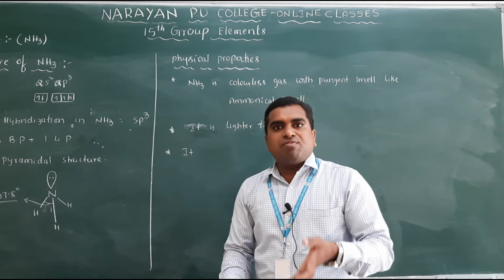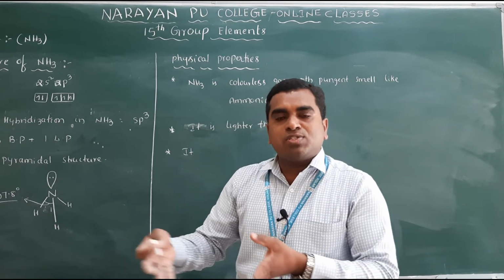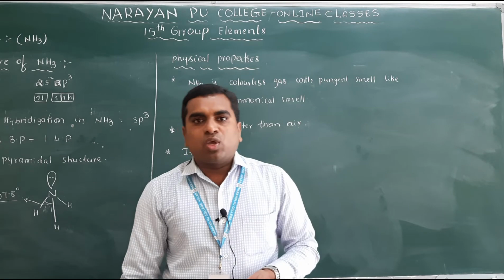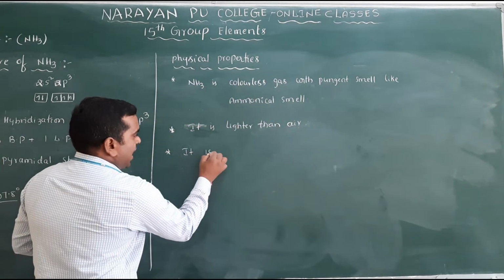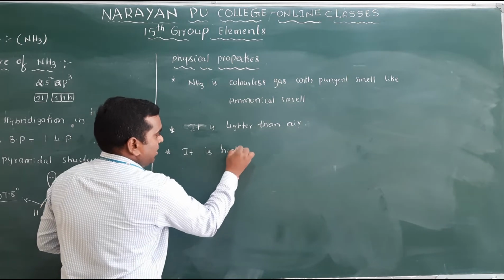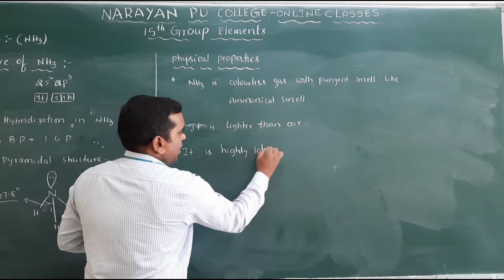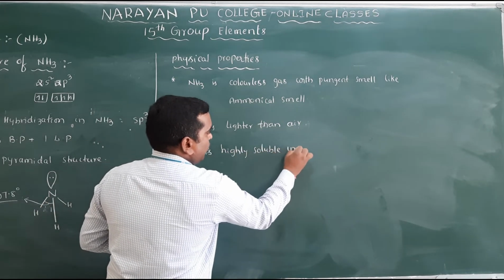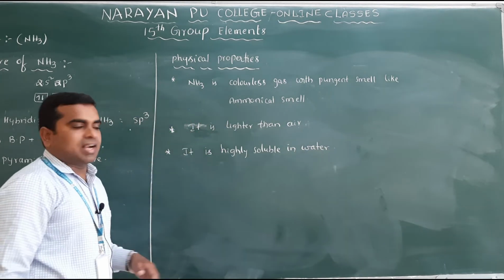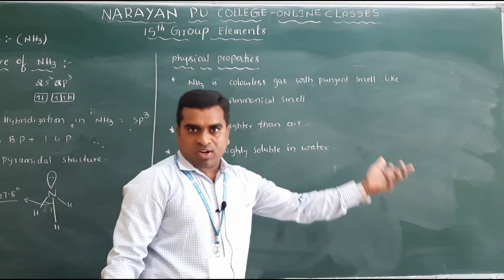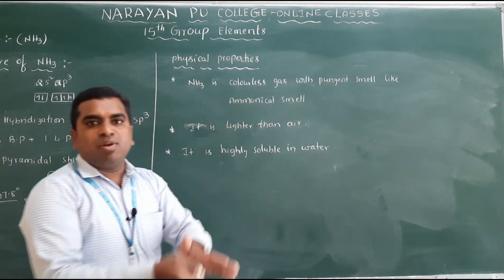Any molecule which can easily form hydrogen bonds with water can easily dissolve in water. So that's why it is highly soluble in water, and we cannot collect ammonia over water. We cannot collect it, because it will dissolve.